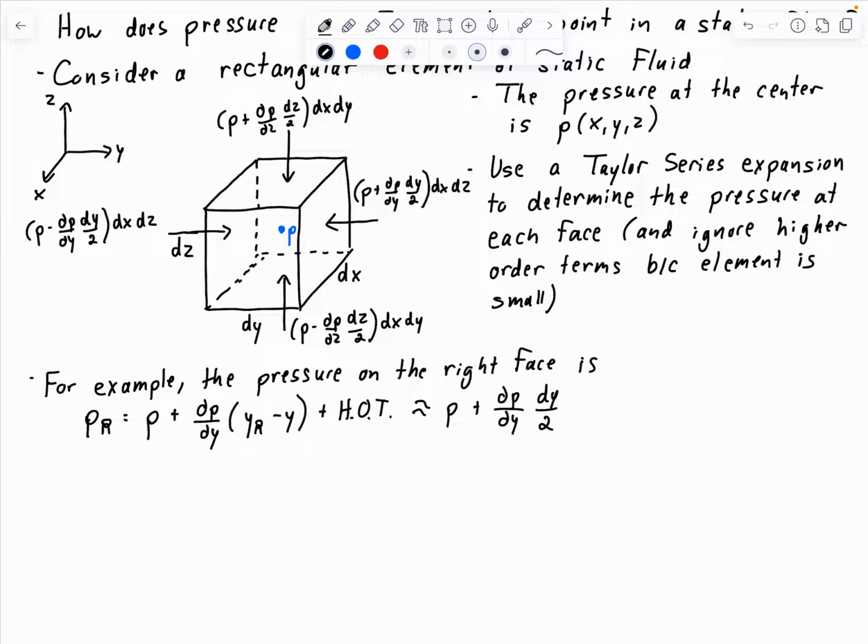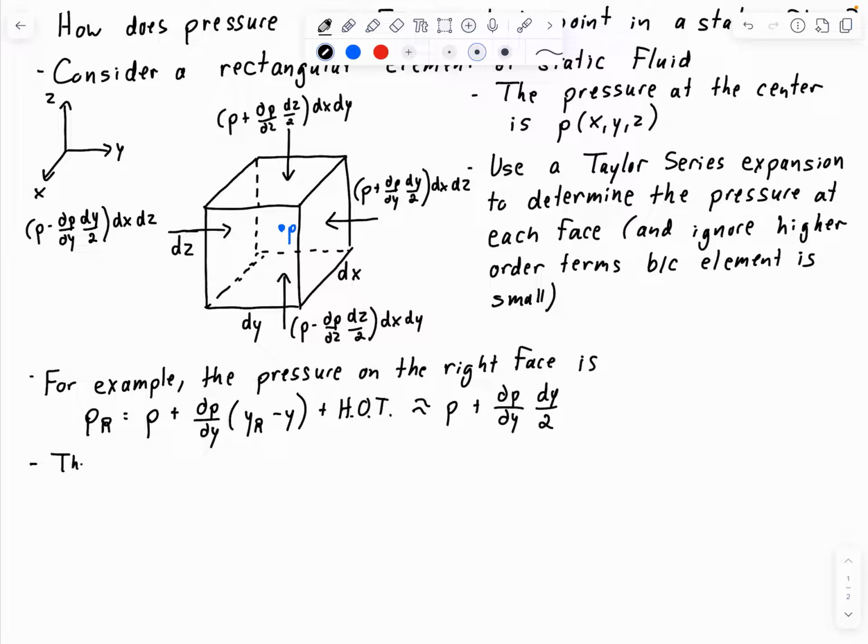So we're just going to look at the forces in the Y direction and sum up all of those forces now. So then the total surface force in the Y direction, and here I'm making a note that we're just looking at surface forces.